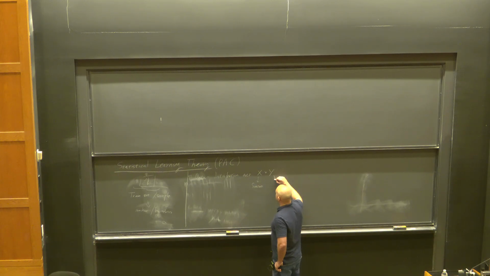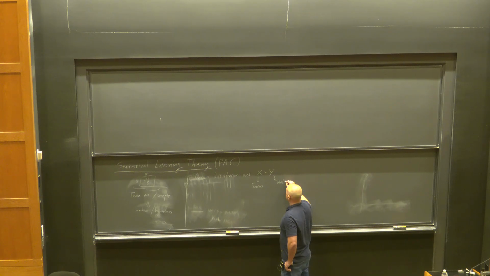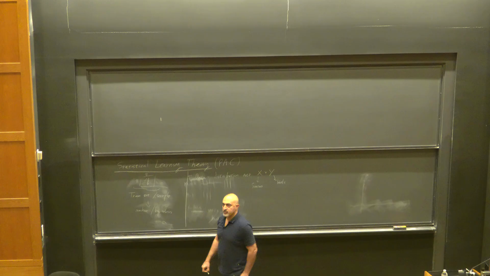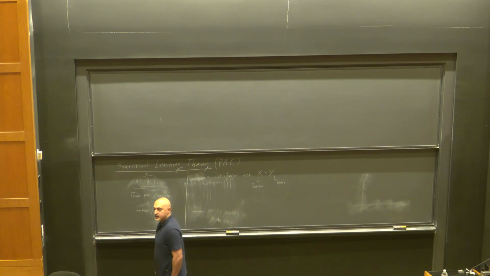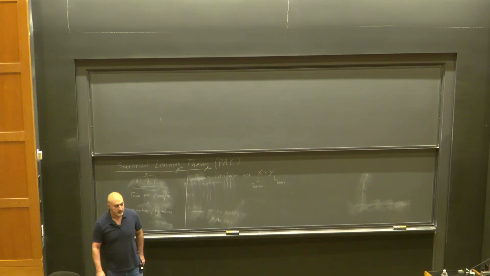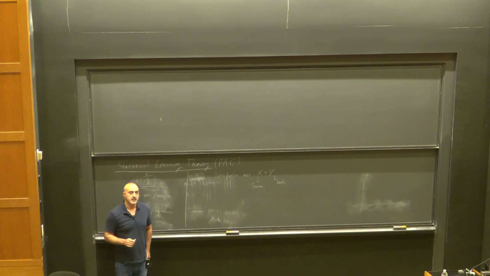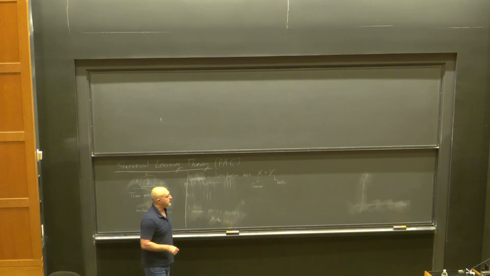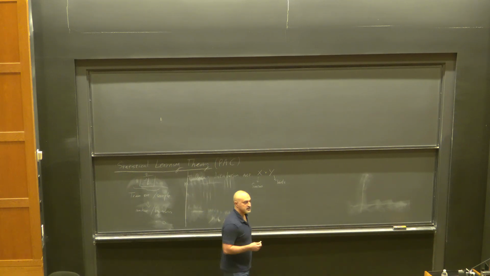The Y, these are the labels. So for example, for the MNIST data set, the features are the 64 binary bits that represent the image. And then the labels are the digits 1 to 10.